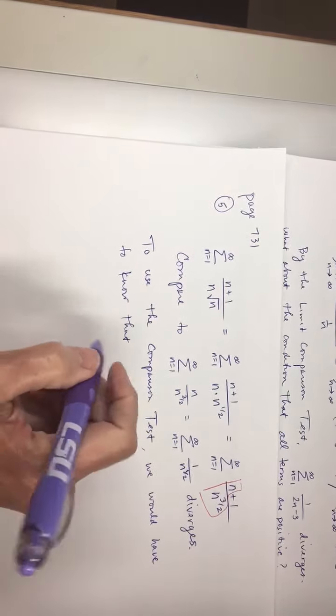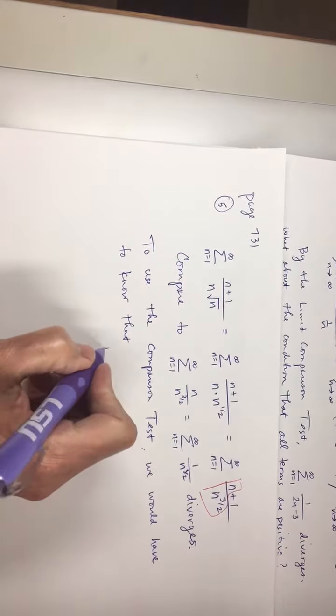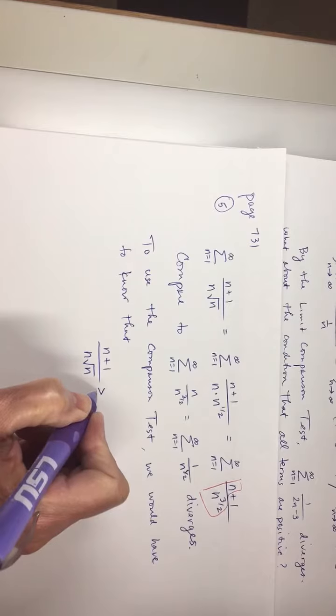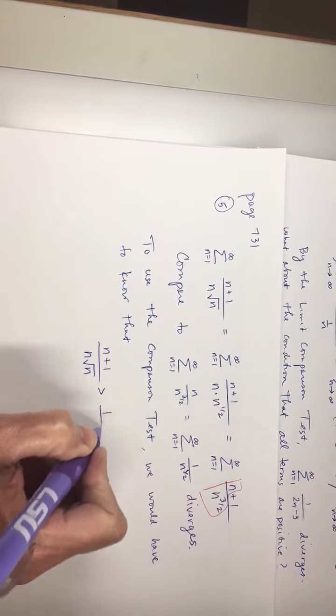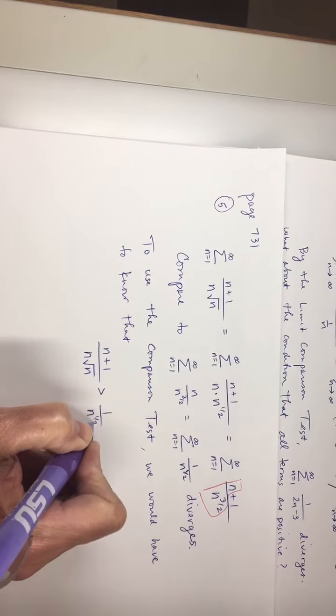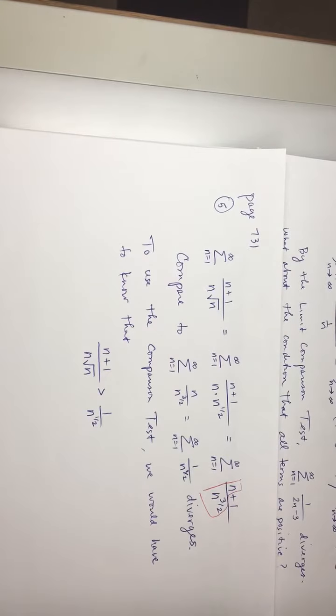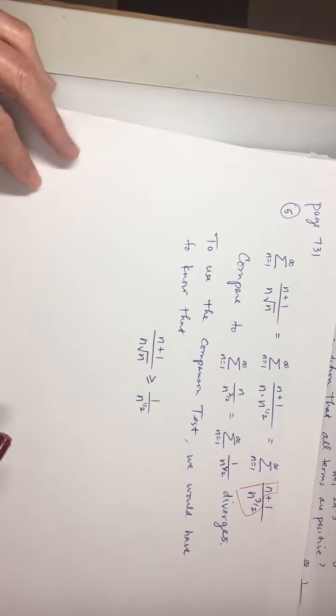We'd have to know that n plus 1 over n times the square root of n is greater than 1 over n to the 1/2. And in my head, I'm thinking, is it greater than or equal to? So I'd have to have that to use the first one.